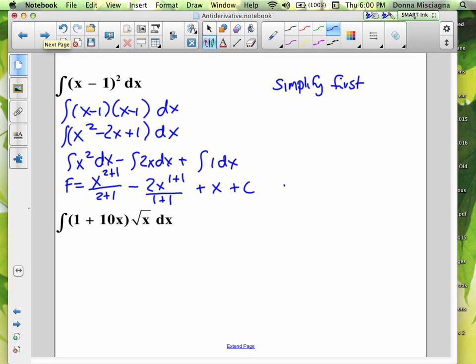So our answer here is x cubed divided by 3 minus, this is just going to be a 2, and these two will cancel. So it's just going to be minus x squared plus x plus c. There's our antiderivative. And so here, same thing, we have to simplify first.